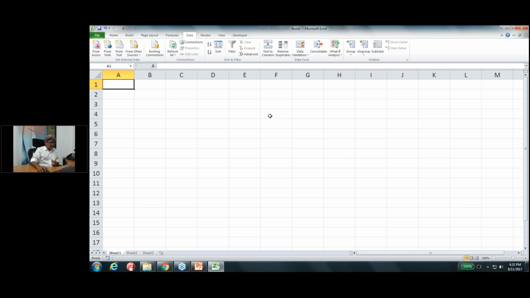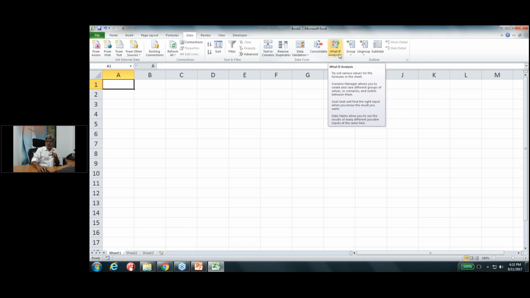I want to show you a demo of how Excel can be helpful in making some sort of a decision, or assist you in some sort of a decision making. So I will be using the data ribbon. Click the data tab and you will find in the data tools what-if analysis. Right now I'm using Excel 2010.